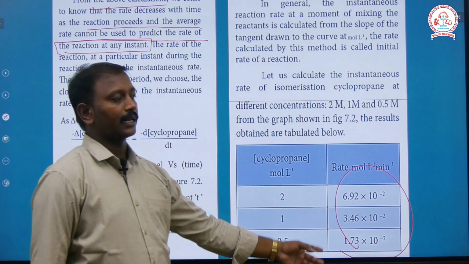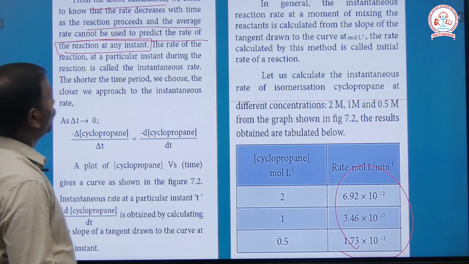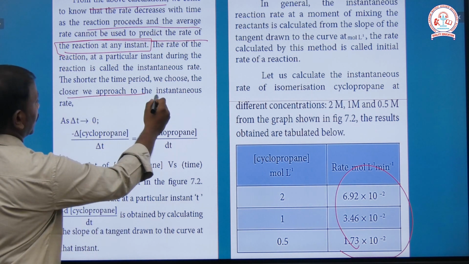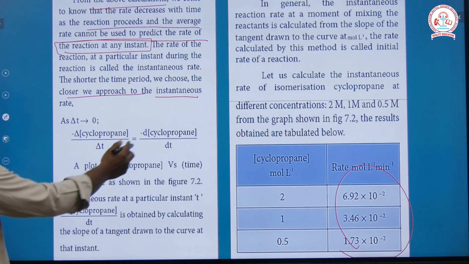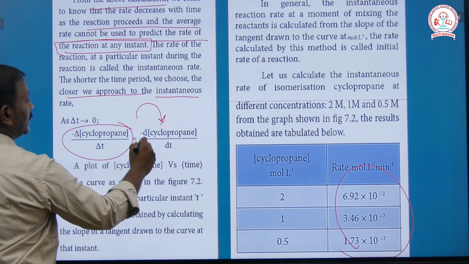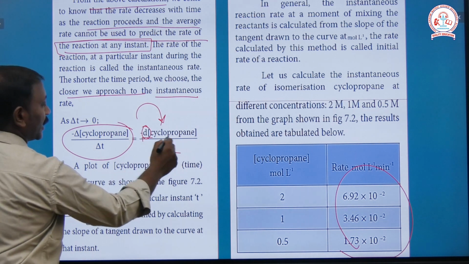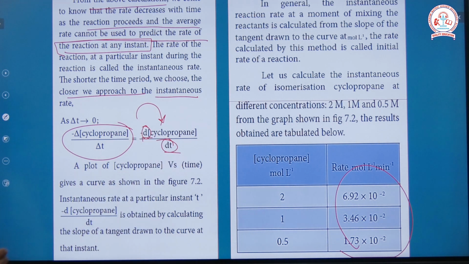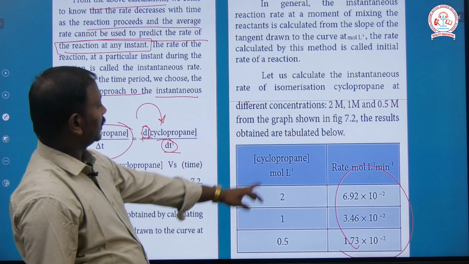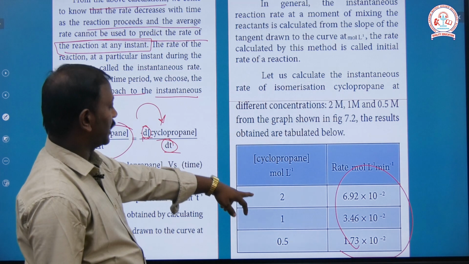But for the instantaneous rate, we take a particular instant of time, so we write the rate as minus d by dt, meaning at a particular instant, over a very small interval. So that is called minus d by dt.